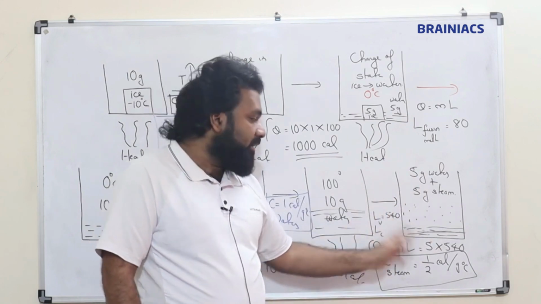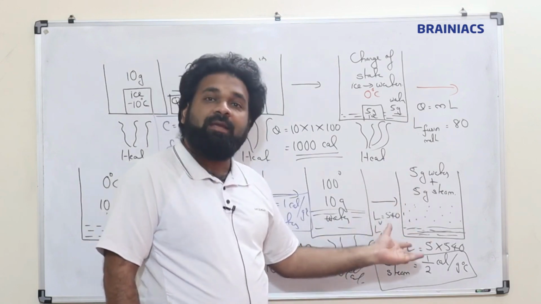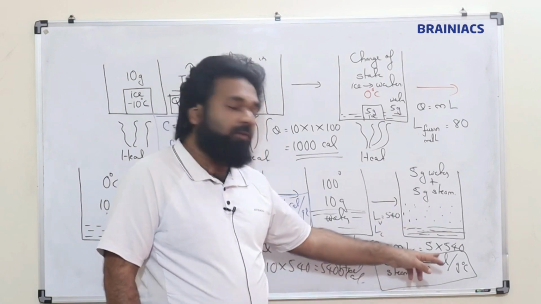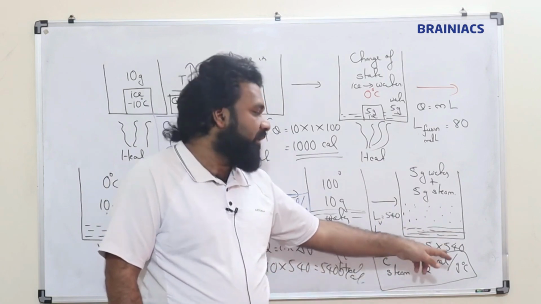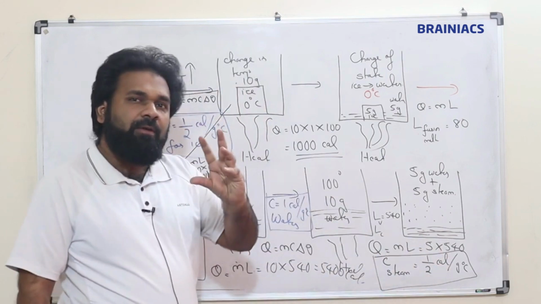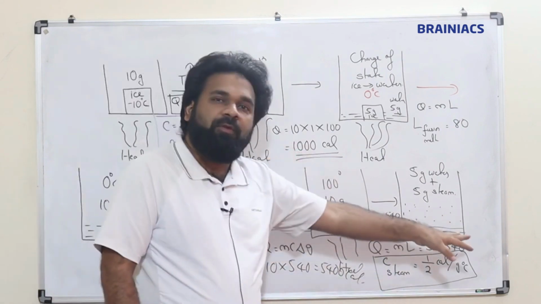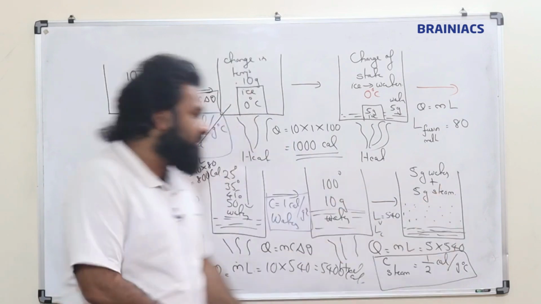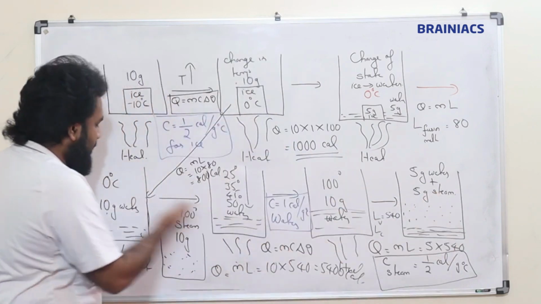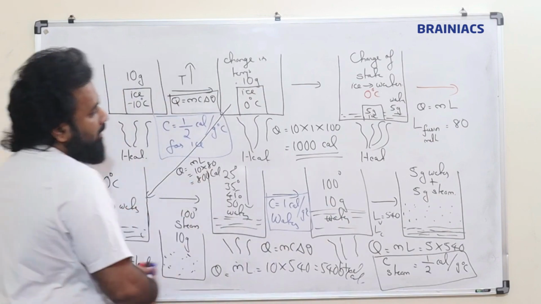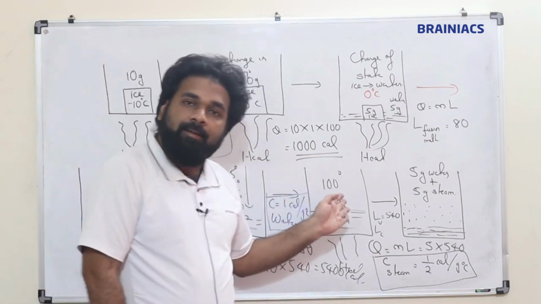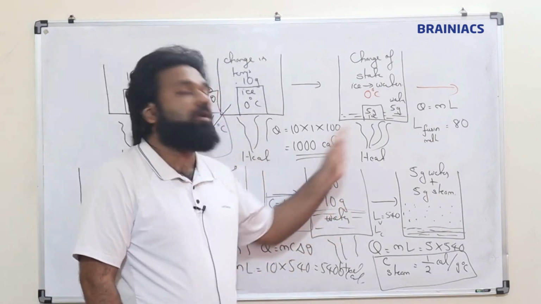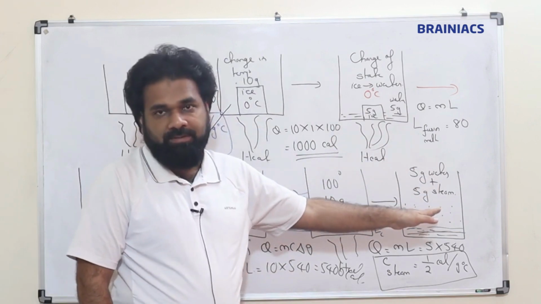What is the latent heat of vaporization or latent heat of condensation? 540. It is 536, but we are using 540. So if only 5 gram is converted, 5 into 540. If 10 gram is converted, 10 into 540. Likewise, 5400 calories is required for the entire water at 100 degrees Celsius to convert into steam at 100 degrees Celsius.